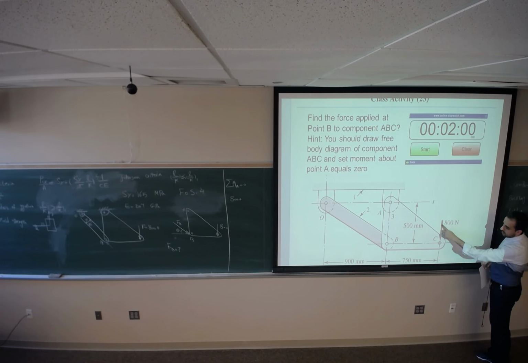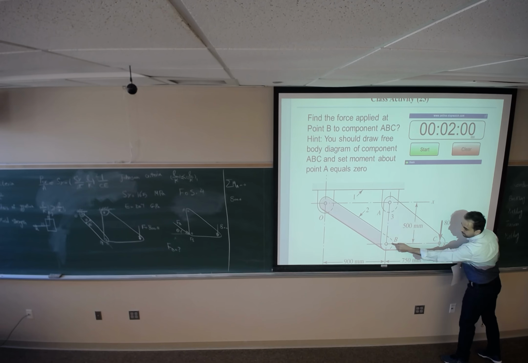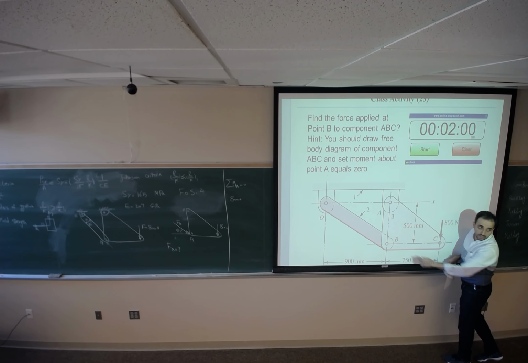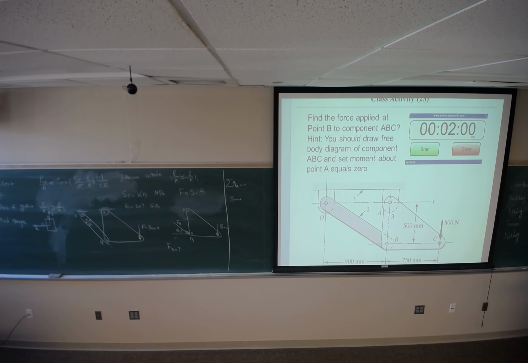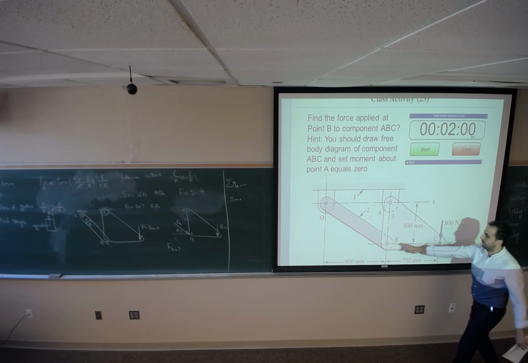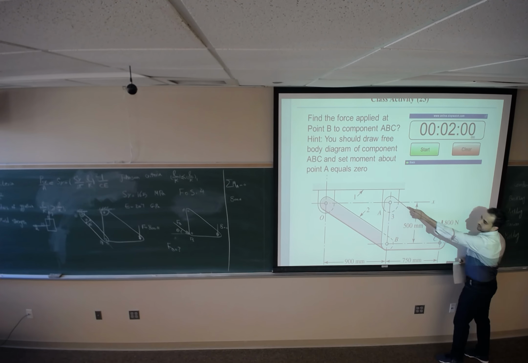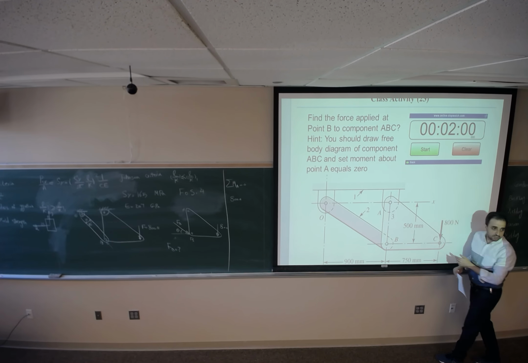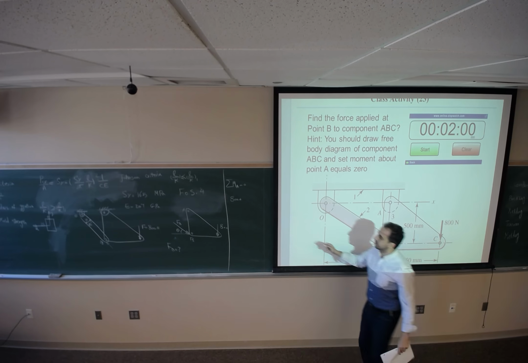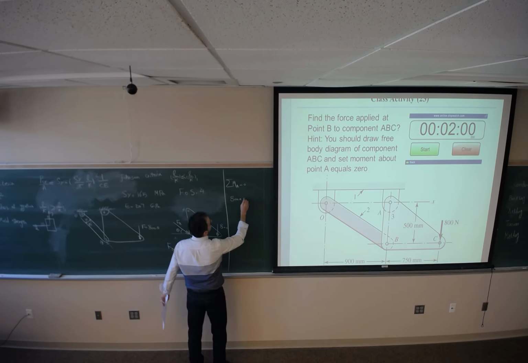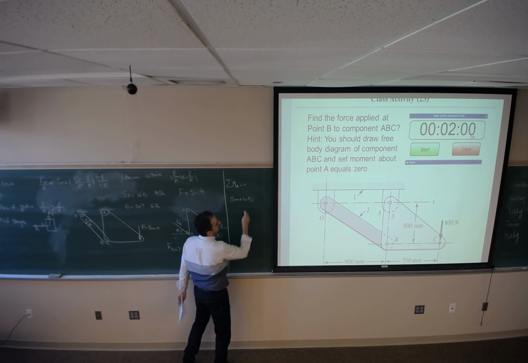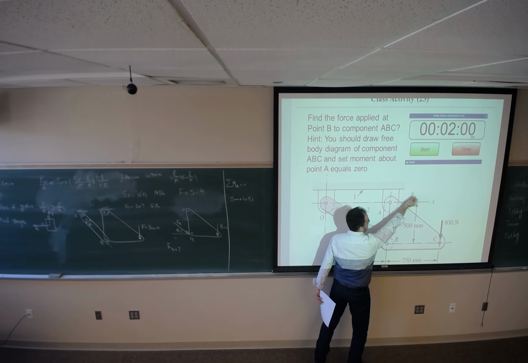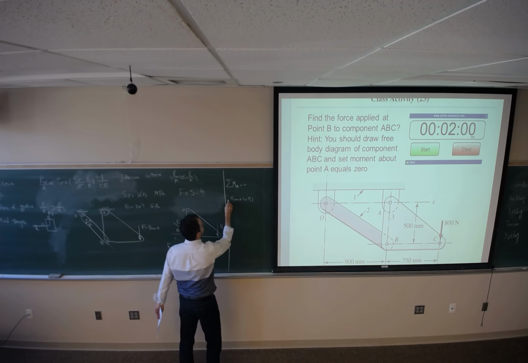So this force has the perpendicular distance of 500 from point A. Make sense? I just need to multiply this by this one because I already could find the projection of this line in x direction. So 500 or 0.5, whatever. And it's making a clockwise moment, so it's got to be negative.